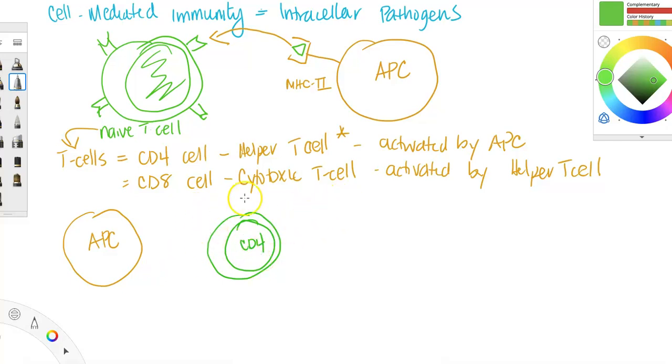So it's going to have its little T cell receptor, and over here it's going to present on an MHC2.